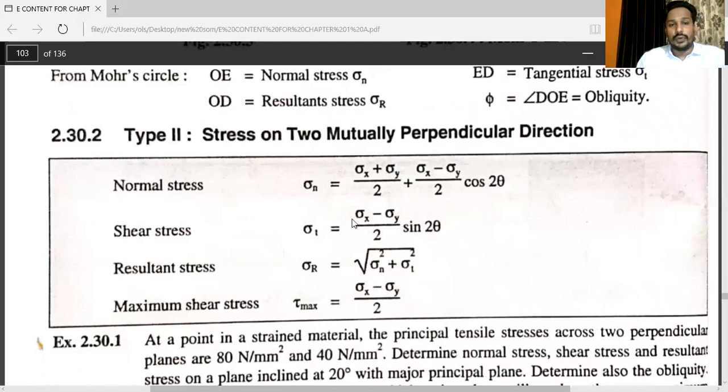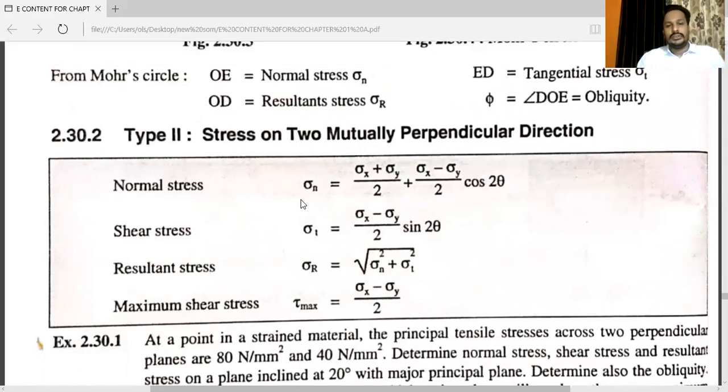Already I told you the formulas for stresses on two mutually perpendicular directions. By using the analytical method, you can calculate normal stress, shear stress, resultant stress, and maximum stress.